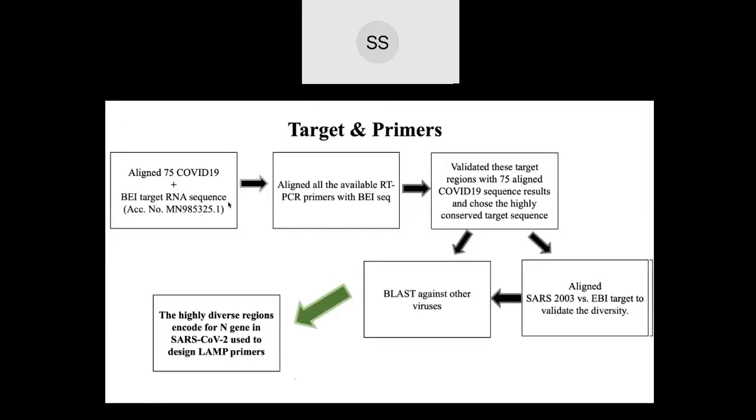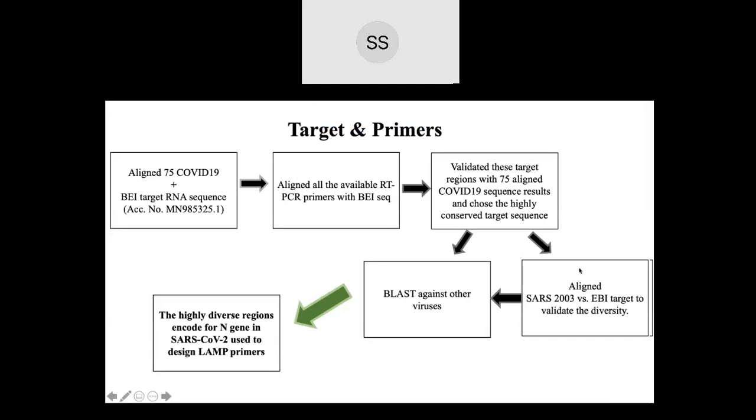So talking about the primers and the target, how I designed it: I downloaded 75 COVID-19 sequences from NCBI, and then aligned them with the sequence alignment tool Clustal Omega, and observed multiple highly conserved target sequences which are conserved among the humans.